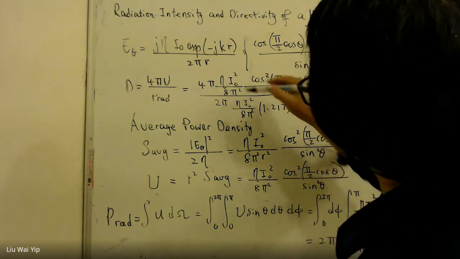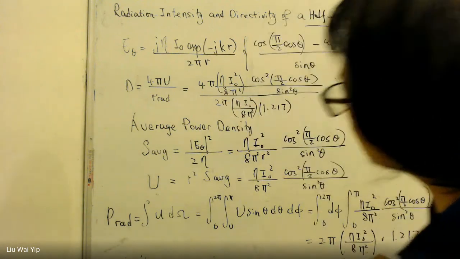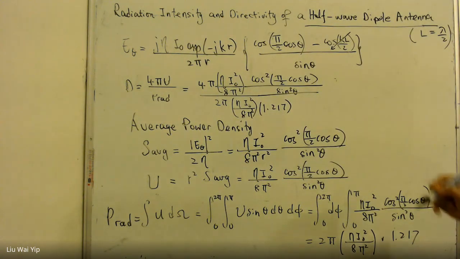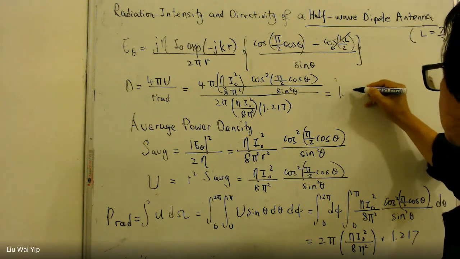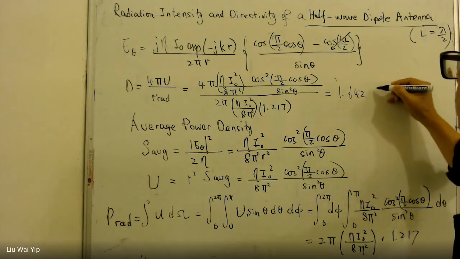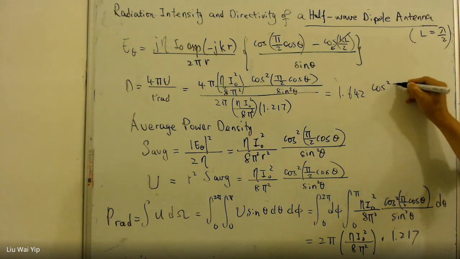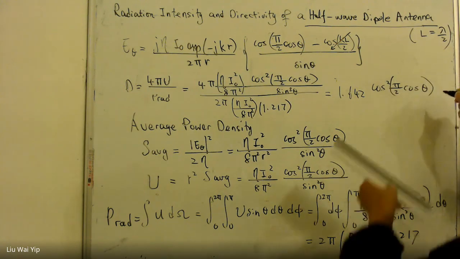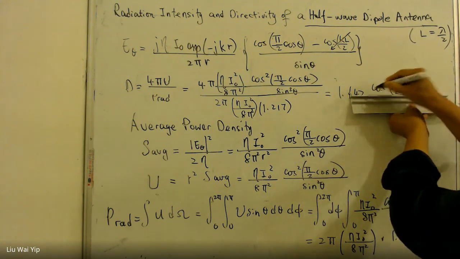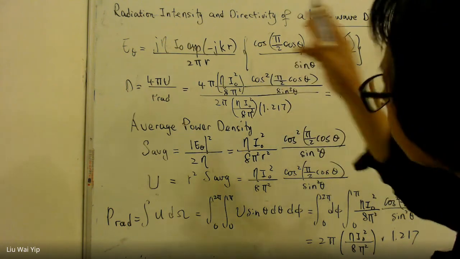Remember, when both the top and bottom have this term, they can cancel out with each other. So eventually, what you have here is 1.642, and then this expression. So this is the directivity of your half-wave dipole.